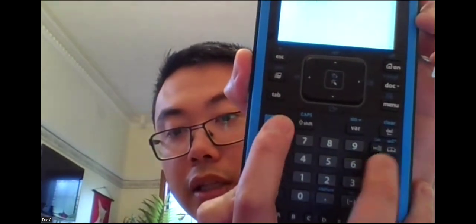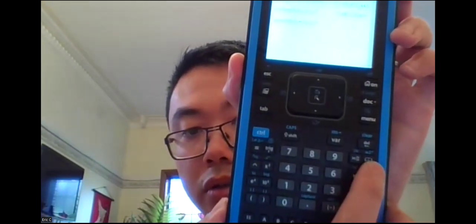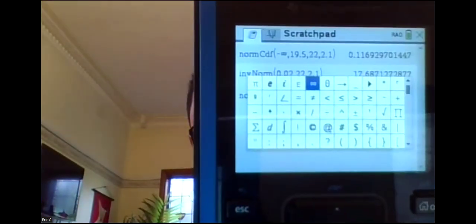You can get infinity by pressing control and then the book there. First press control and then press the book, and then select the infinity in that list. Do that for the second parameter.